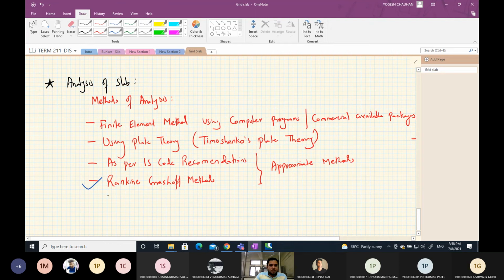So in the next class, we'll go through some IS codes specified for the analysis of grid slab, and then we'll go through the theory of Rankine-Grashof method, and then we'll take some examples of grid floors and analyze and design using Rankine-Grashof methods.